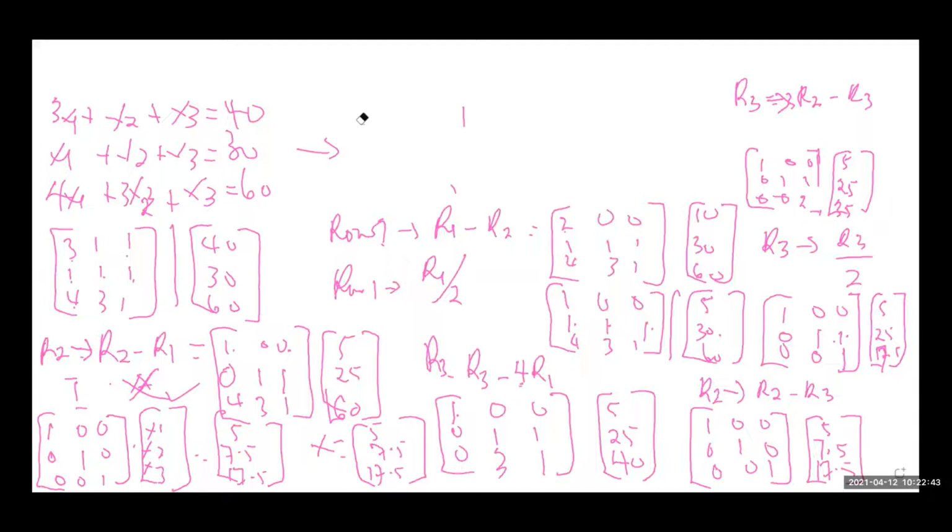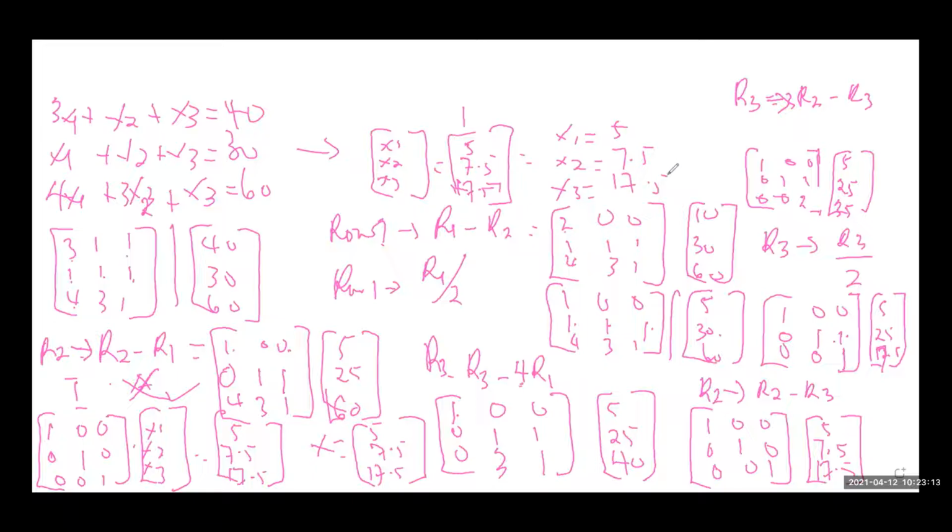I can now conclude that X1, X2, X3 equals 5, 7.5, 17.5. Therefore, X1 equals 5, X2 equals 7.5, X3 equals 17.5.